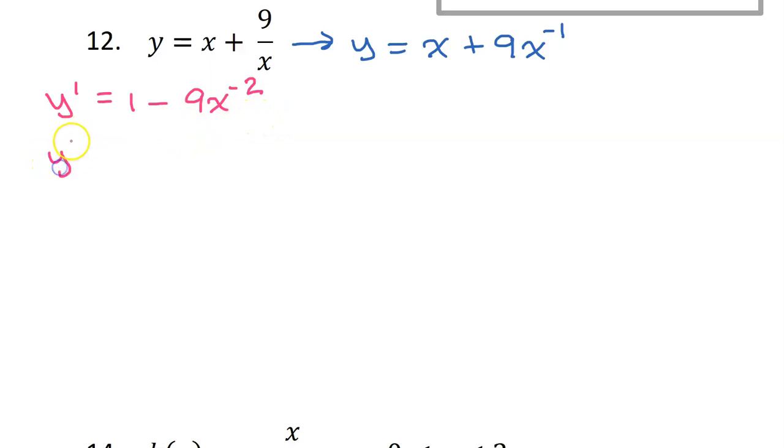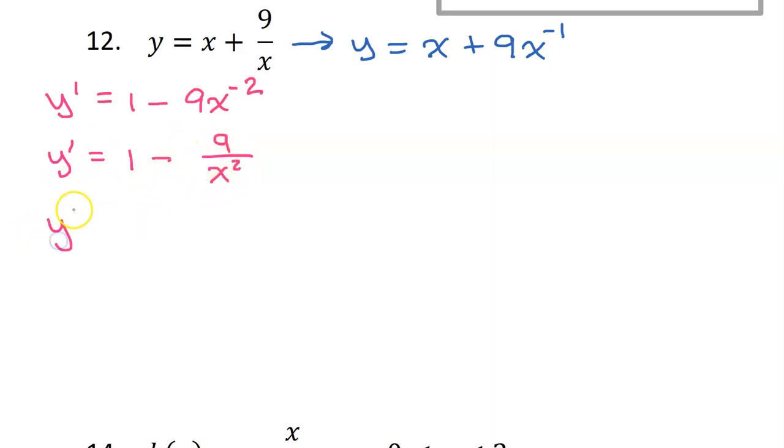I am going to go ahead and drop this back down to the denominator. So this would be 1 minus 9 over x squared. In order to find the critical values later, I really need this to be written as a single fraction.